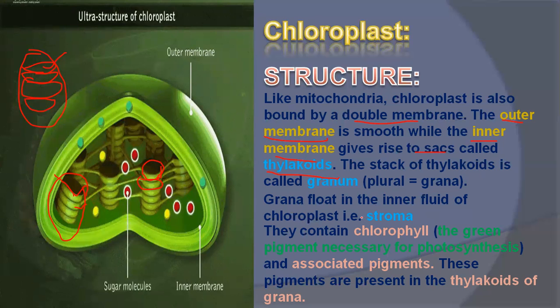Now we can see these grana are composed of chlorophyll. That's why they appear green and they are necessary for photosynthesis.